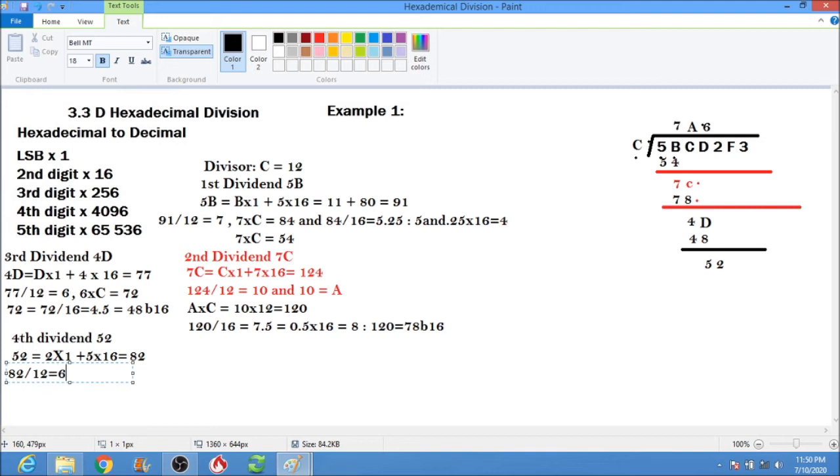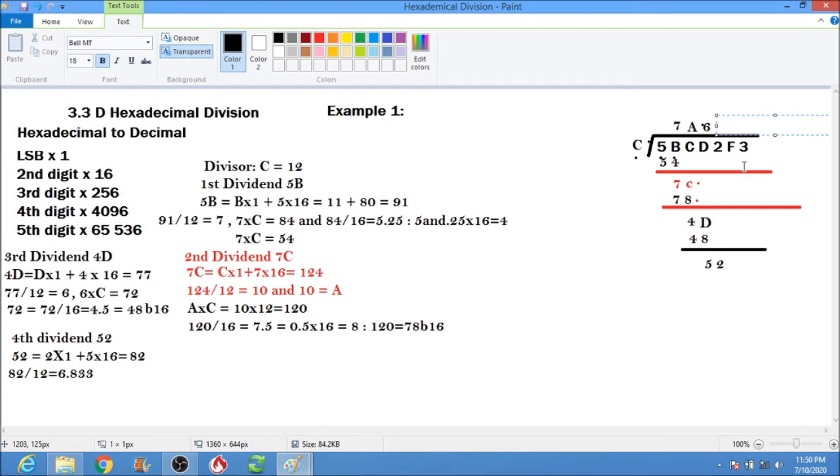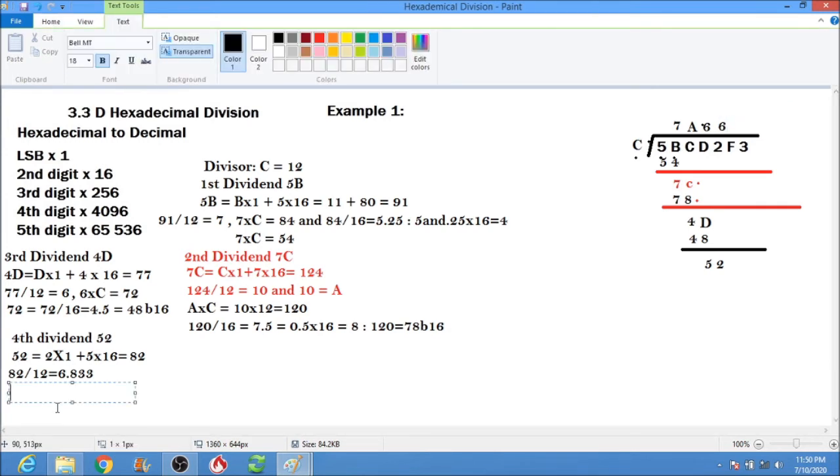It is 6.833, so we use 6. So this will become 6. Okay, so 6 times C, and that will be equal to 6 times 12, 72.